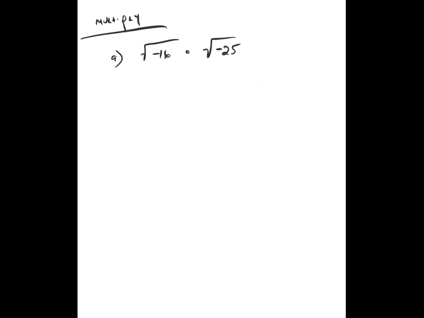I mentioned this a little earlier: the square root of a negative, we can just rewrite it. i square root of 16 times i square root of 25. Then we can simplify each of these square roots. These are nice ones. This is now just a 4, and I bring the i back. This is a 5, and I bring the i back.